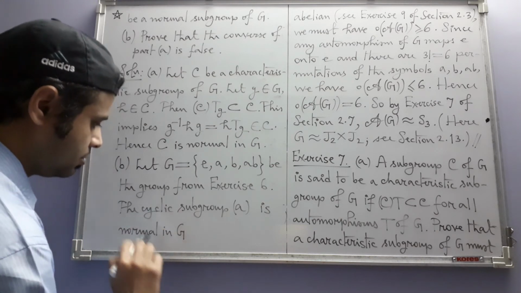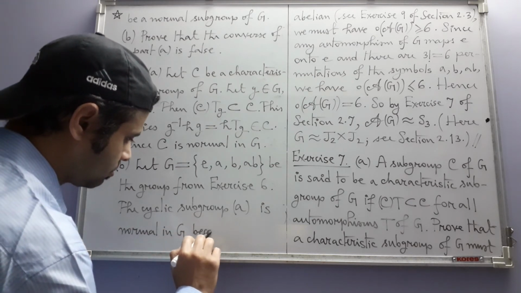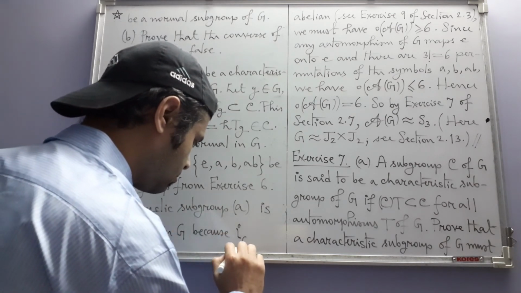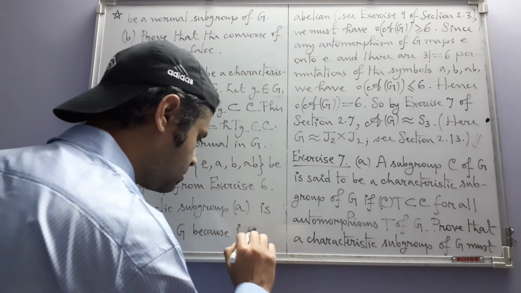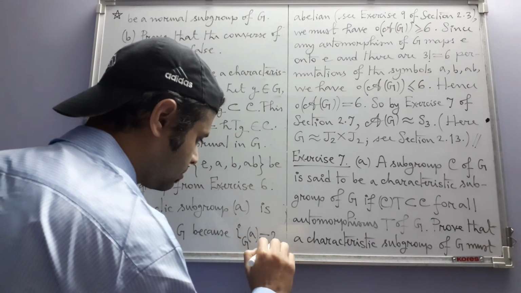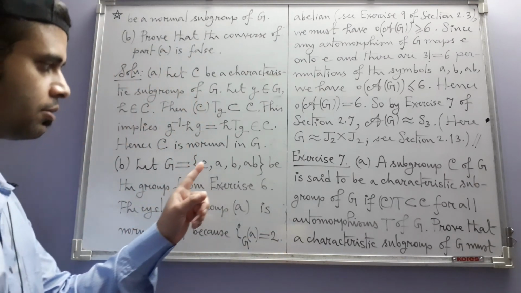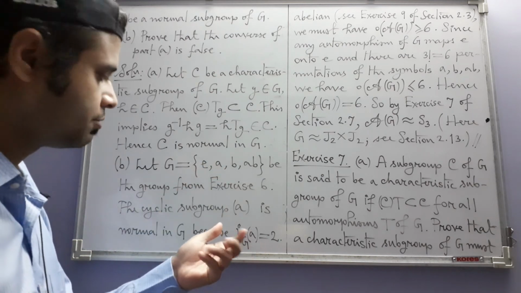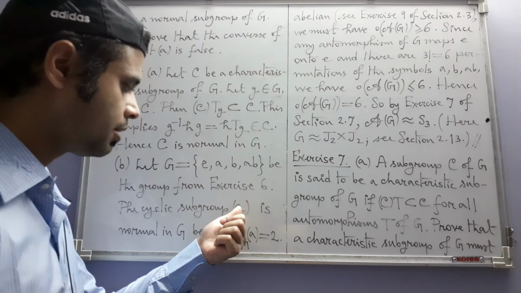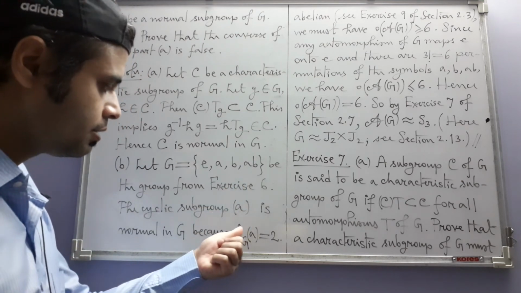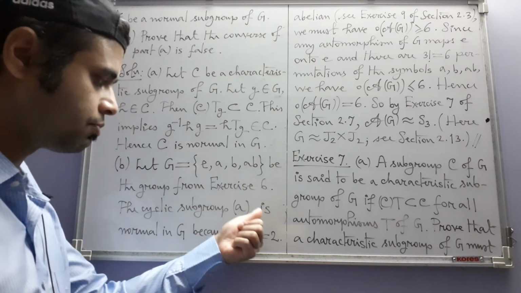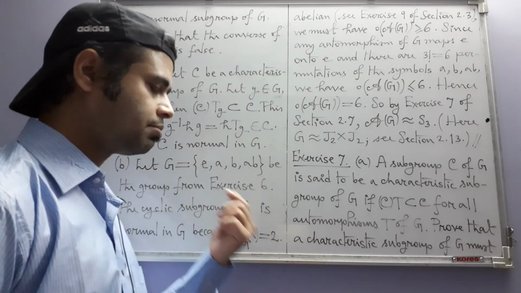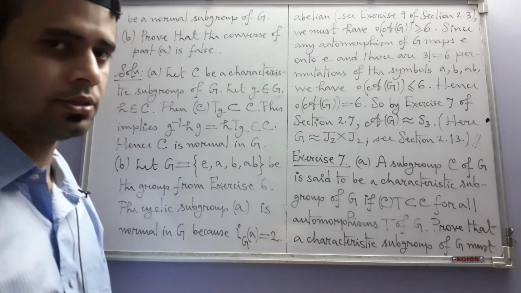normal in G because its index is 2. G is a group of order 4, and since A itself is an element of order 2, this cyclic subgroup has order 2. So the index of this subgroup in G is 4 divided by 2, that is equal to 2. And we know that if a subgroup in a group has index 2, then it is normal.